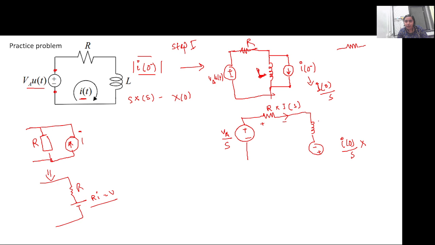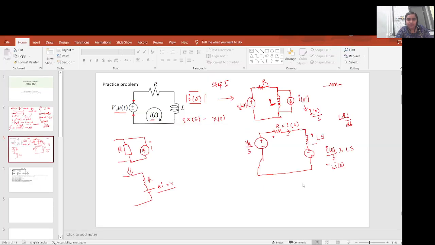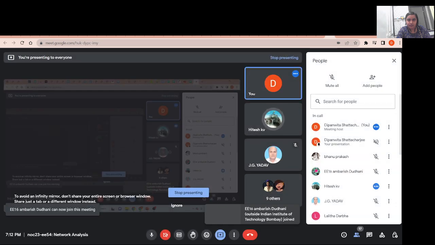The voltage drop across L will be L di/dt. If we convert it into the frequency domain, it will be L s I(s). The initial condition we are writing separately, or you can just write minus I(0); it is up to you. So the voltage drop here will be I(0) into L. Is this okay? Yes, ma'am.